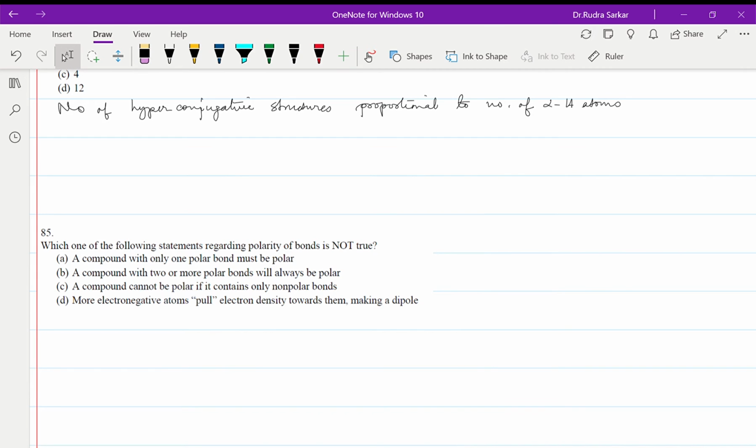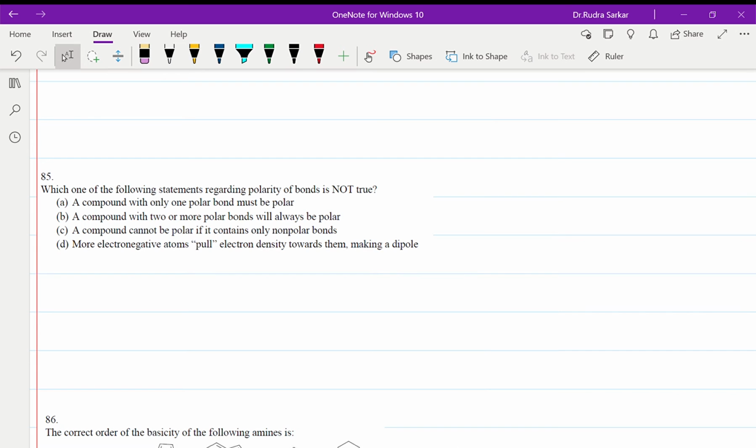In question number 85, it has been asked, which one of the following statements regarding polarity of bonds is not true? Statement A says a compound with only one polar bond must be polar.